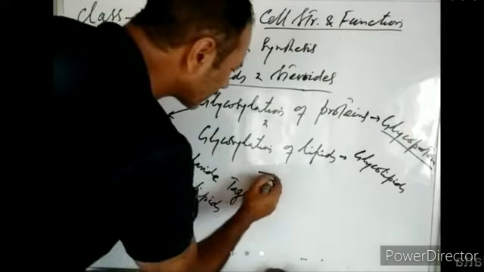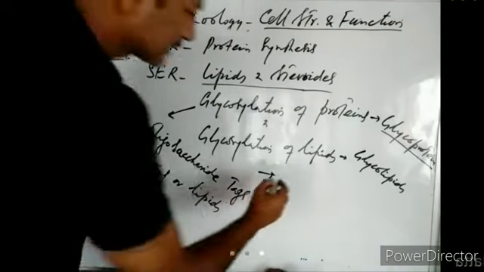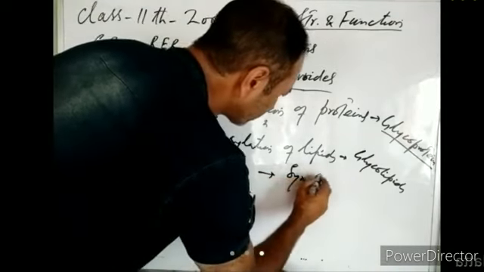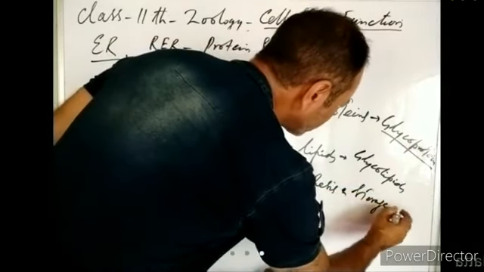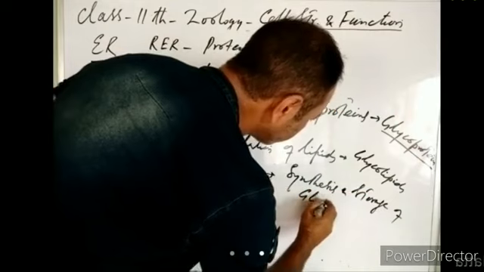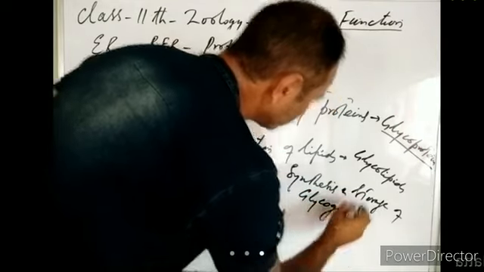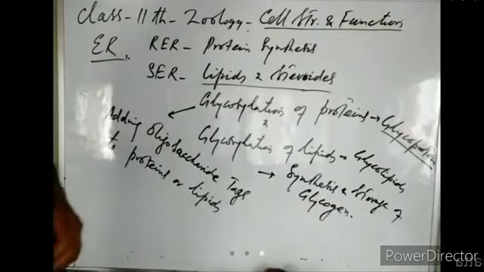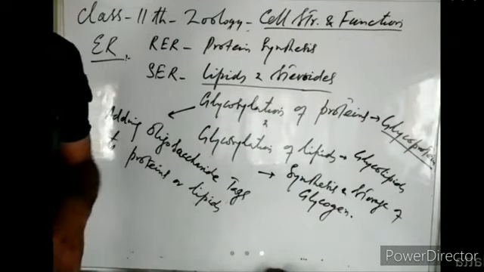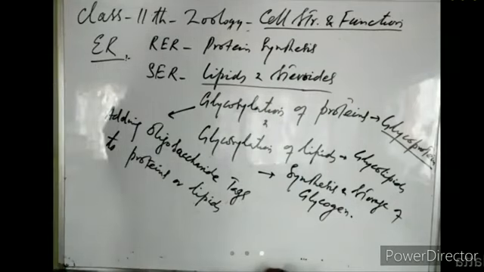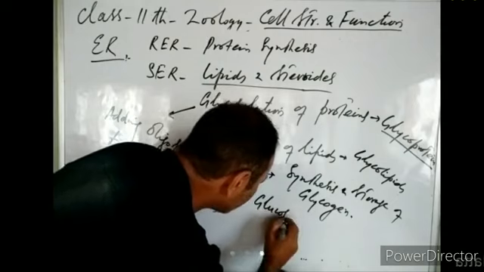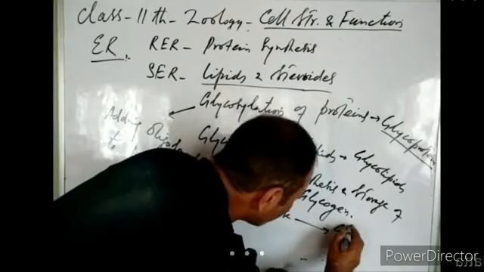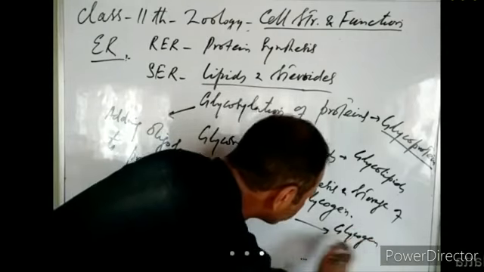This smooth endoplasmic reticulum is also involved in synthesis and storage of glycogen. Formation of glycogen from glucose, when glucose is converted into glycogen, what is this process known as?